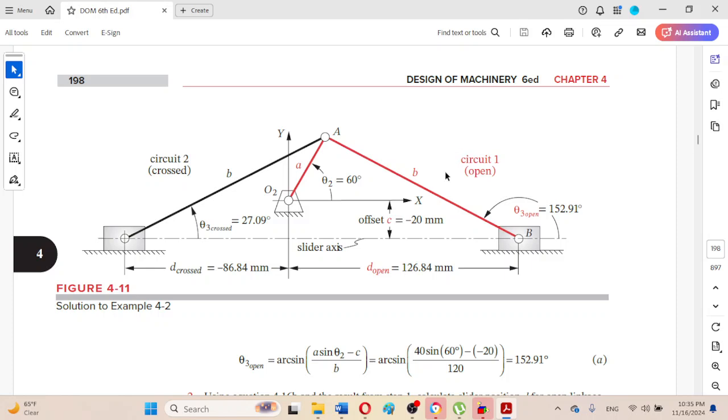So the sliders will be placed either in the first quadrant or in the second, but if the offset is negative, then the slider will be placed either in the third quadrant or in the fourth quadrant. So at this time this slider is in the fourth quadrant and this slider is in the third quadrant.